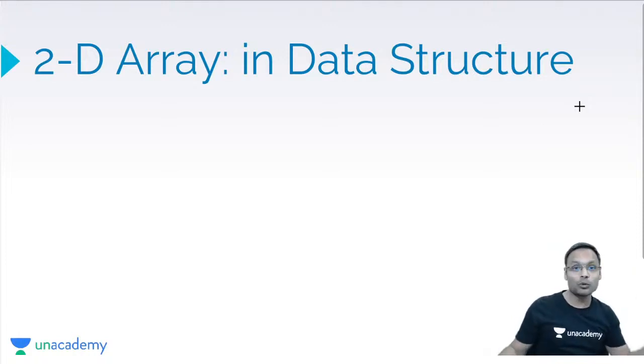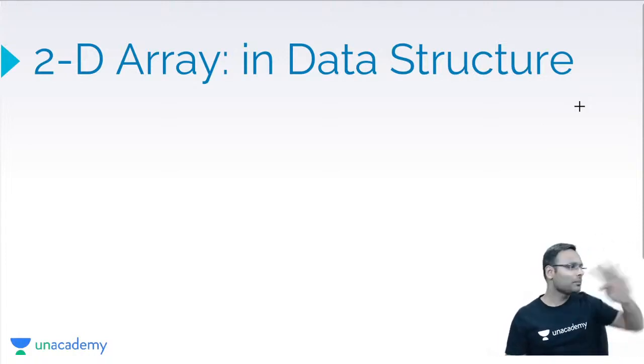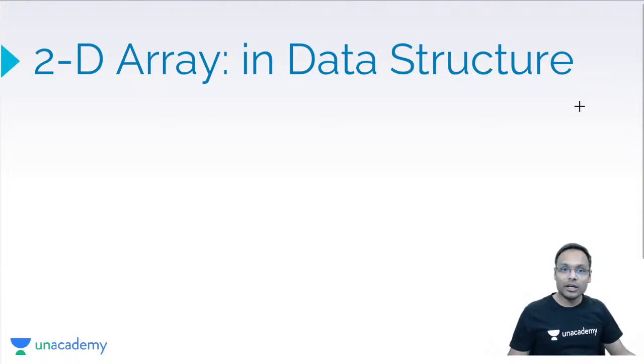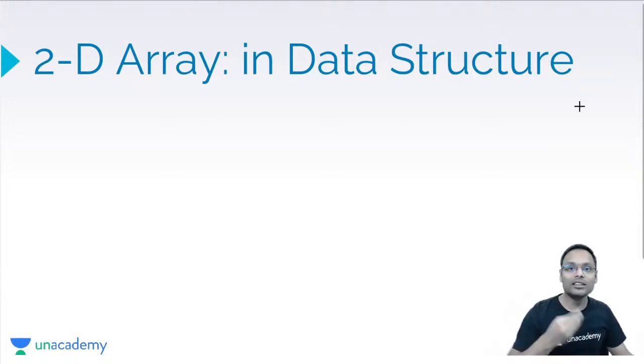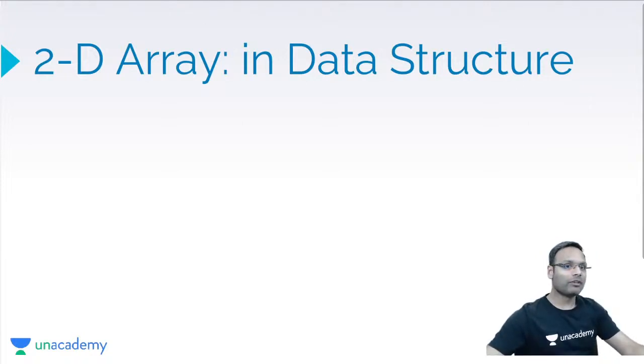Yes. Can start from 2. Yes. Can start from 3. Can start from -2, -5, -6. Any integer you want, positive, negative, 0, whatever. So how to define the 2D array in data structure in such a way? In that case, you need to define the 2D array in the data structure in this way.